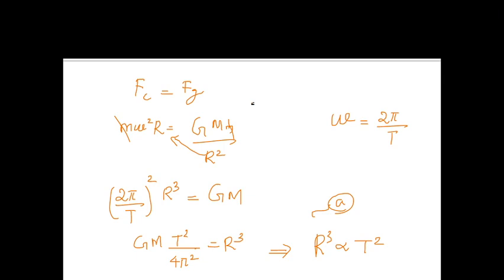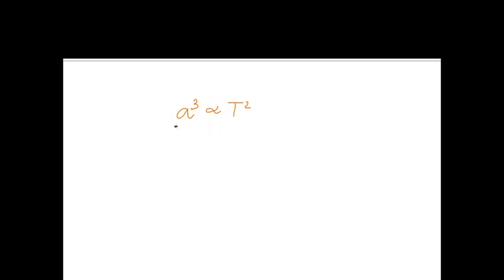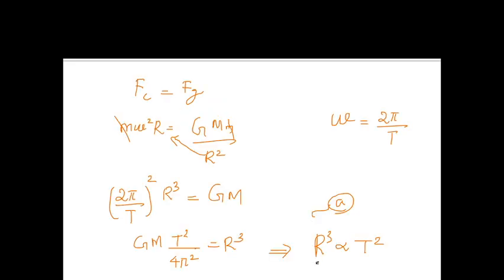So Kepler's third law very much agrees with Newton's law of gravity and our concept about centripetal force being provided by the sun. So we have actually proved this third law in the context of circular orbits. In the case of an elliptical orbit, this radius should be replaced by semi-major axis A.